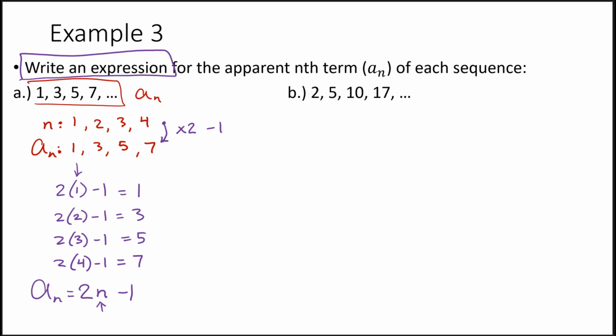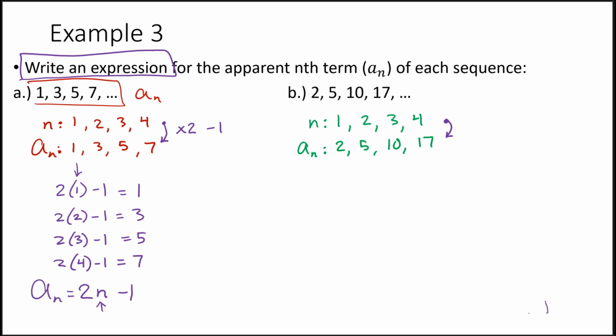Alright, so we're going to do the same thing here. We have our n terms, 1, 2, 3, 4, a sub n, 2, 5, 10, 17. And again, we want to think, what can I do to n to get me to a sub n? I think, okay, 1 times 2 is 2, but that doesn't work here, because 2 times 2 is not 5.